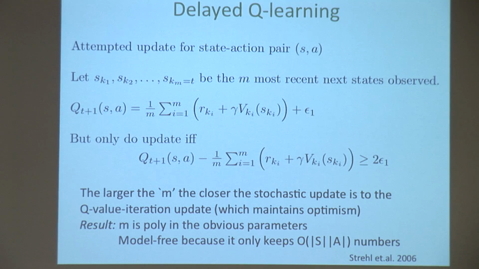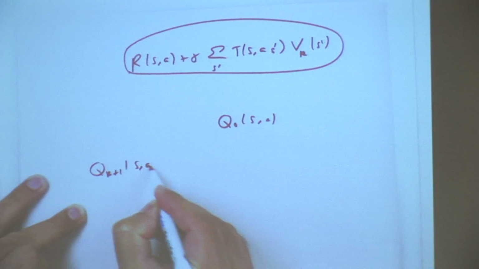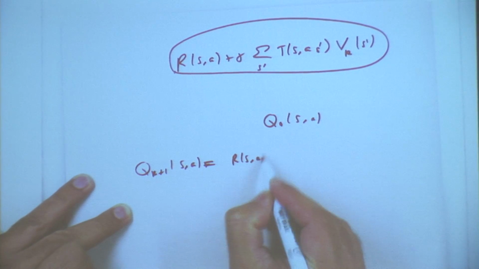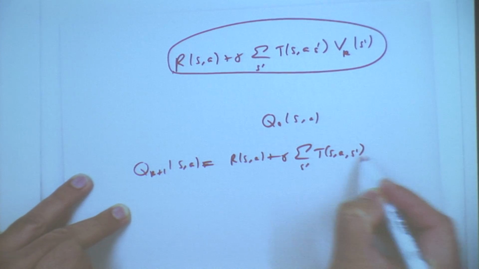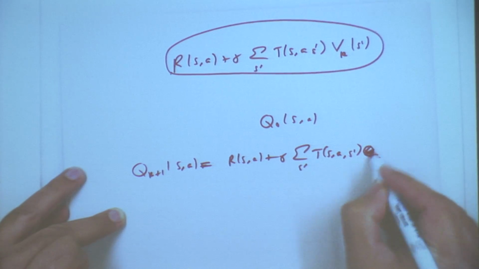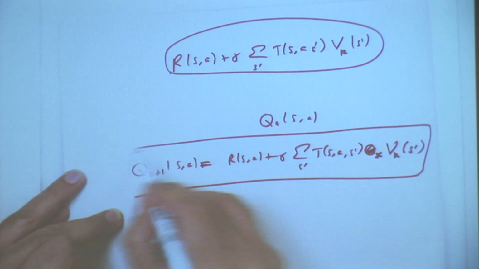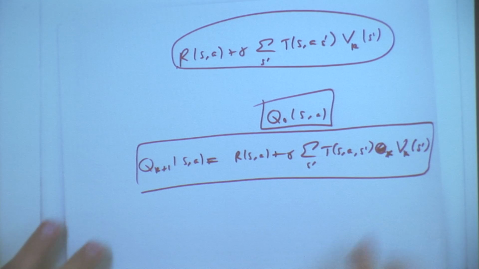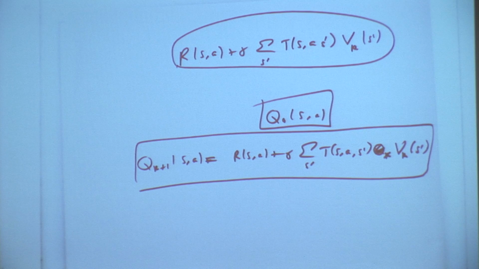If I start with initial value functions that are optimistic and do the exact Q value iteration update, then I will stay optimistic, right? Because I'm feeding in something optimistic on the right-hand side, so my left-hand side will also be optimistic.